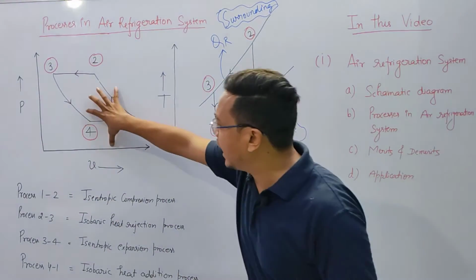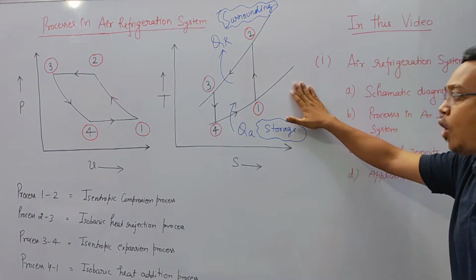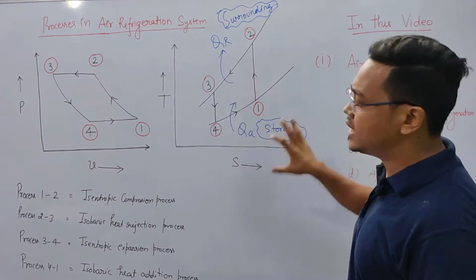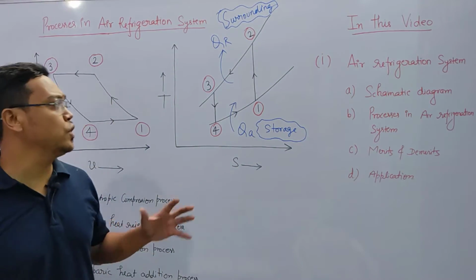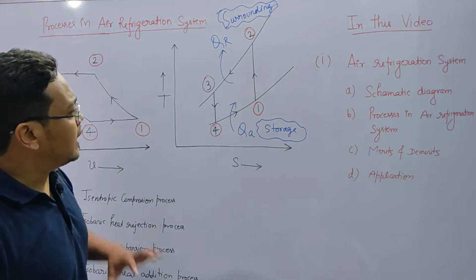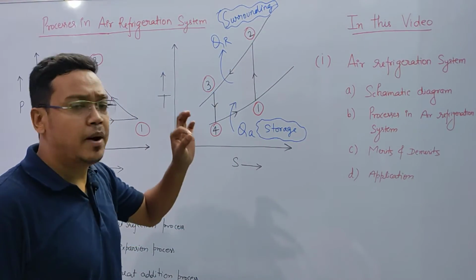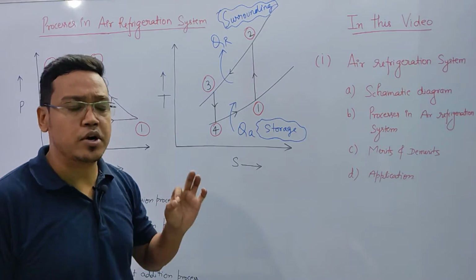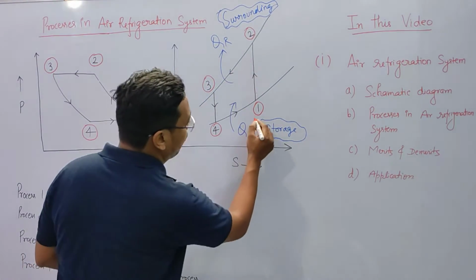This is the PV diagram. In detail I have given the TS diagram here, because we will use the TS diagram more frequently. In the TS diagram you can easily see 1 to 2 is a reversible adiabatic compression process. It means a constant entropy process or isentropic process.